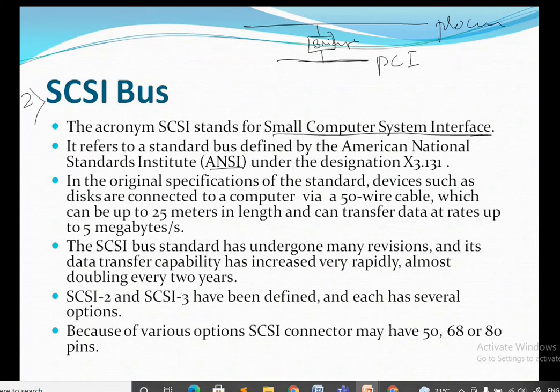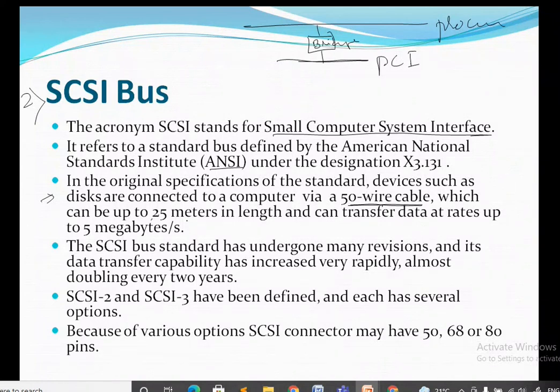The characteristics of this bus, in the original specification, are that standard devices like disks are connected to the computer via a specific wire length. What should be the wire length to connect the devices to this bus? Here it is a 50 wire cable, which can be connected up to 25 meters in length.